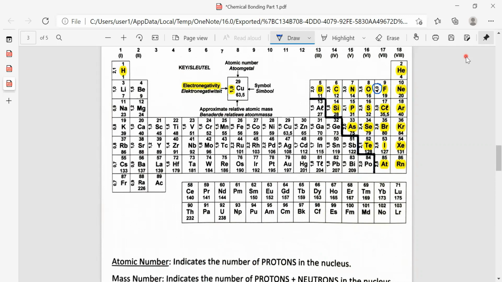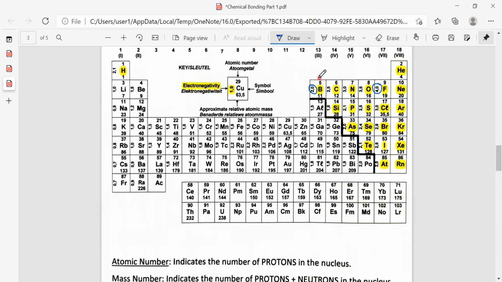I'm going to look at boron, number 5. Boron has an electronegativity of 2. So comparing these two, boron has an electronegativity of 2, fluorine has an electronegativity of 4. So fluorine is going to attract a shared electron pair a lot stronger than boron. Let's have a quick look at boron.